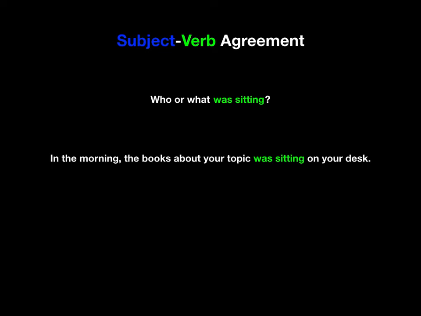Once we have asked ourselves this question, we should look for intervening prepositional phrases. Examining this sentence, we should see the word about, which is a preposition. Therefore, everything from about to the next noun, which is topic, would be part of a prepositional phrase, and therefore we know our subject cannot be any of those words. This then leaves books as the proper subject of this sentence.